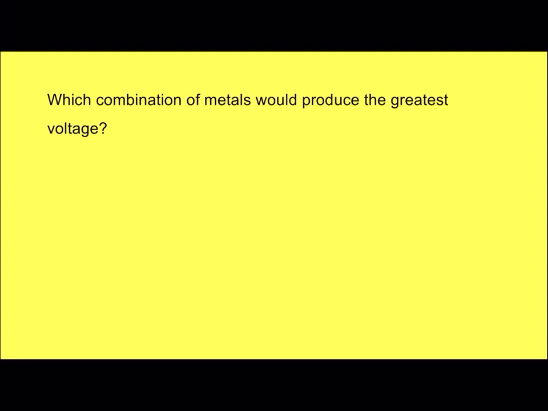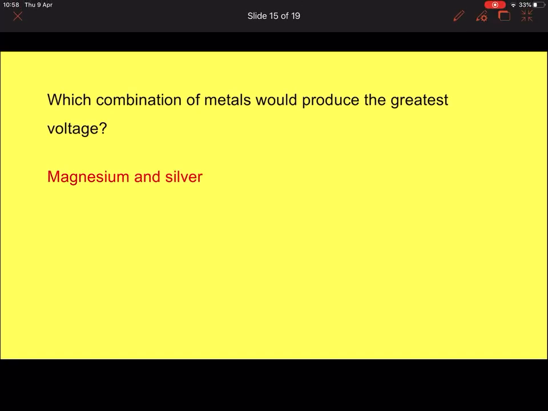Finally, which combination of metals would produce the greatest voltage? Which combination? What two metals would we use to get the biggest voltage possible? Hopefully you realise we'd use the one with the highest reactivity and the one with the lowest, the magnesium and silver. What voltage would that create?